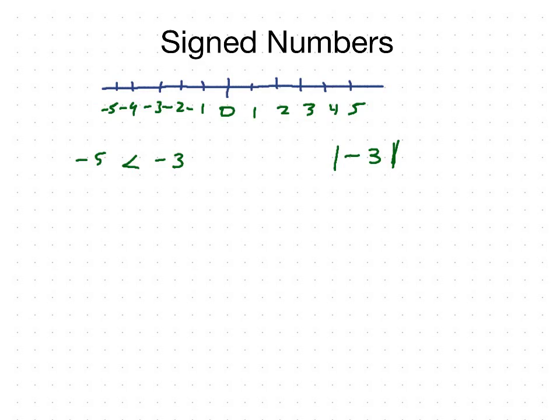So the absolute value of negative 3 is 3, because negative 3 on a number line is 3 units from the 0. So the absolute value of a negative number will always be the same number, but with a sign that's not negative, because an absolute value is merely a distance, not a sign.